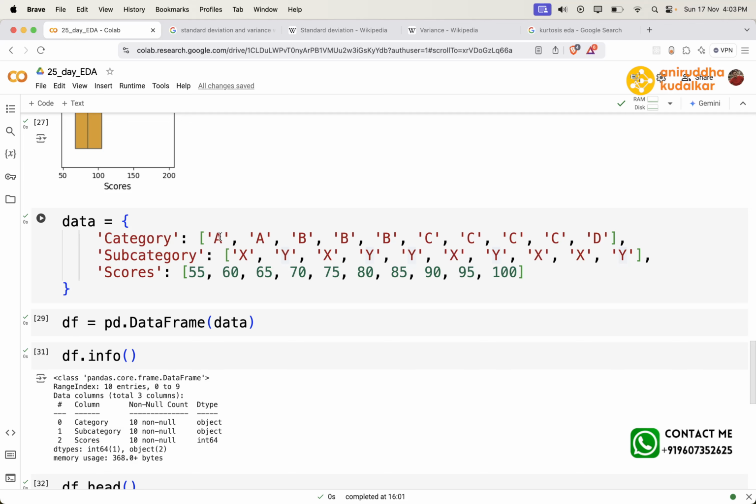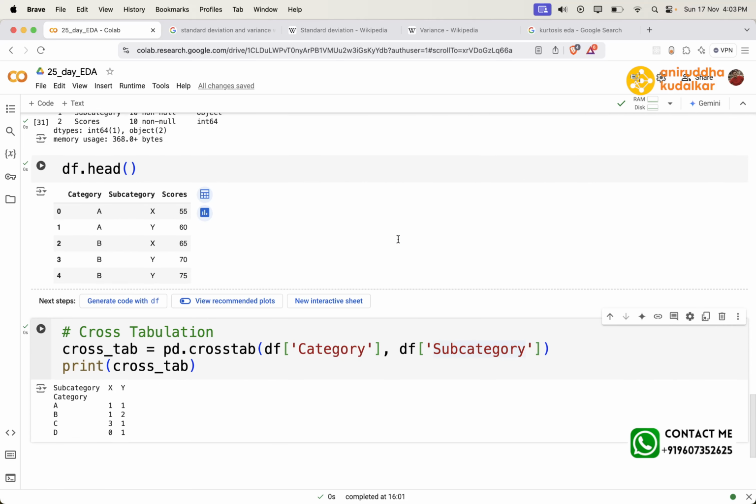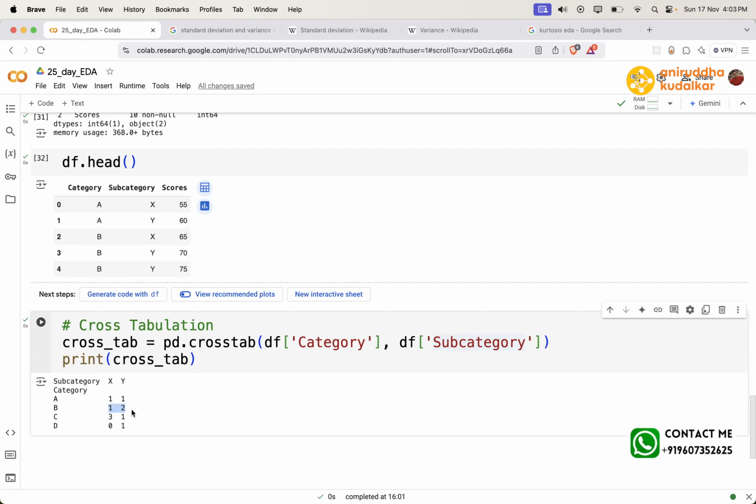X is the subcategory of A, Y is the subcategory of A. So 1, 1. Now see here BX, BY, BY. Can you see Y is 2 times and B is 3 times over here. And that's why total count is 3. So BX 1, BY 2.